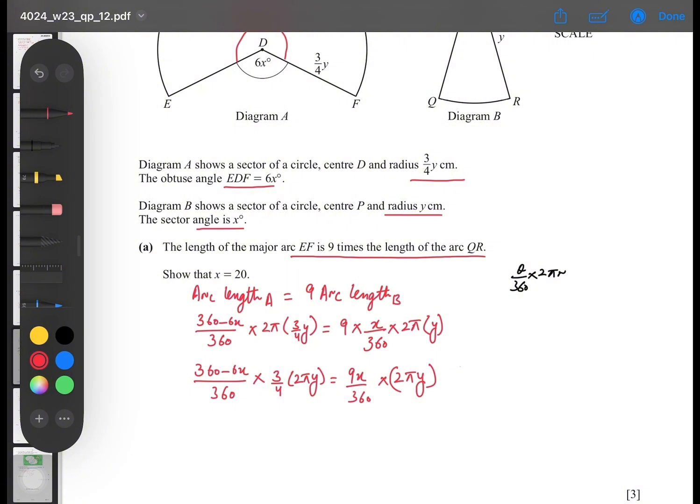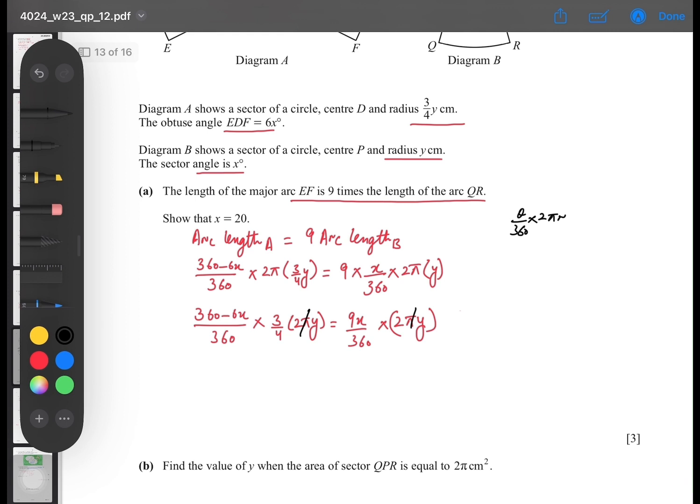So we will cancel out both 2 pi y in the equation. The remaining terms are (360 minus 6x) over 360 multiplied by 3/4 is equal to 9x over 360. So 360 is coming again on both sides, so I will cancel out.